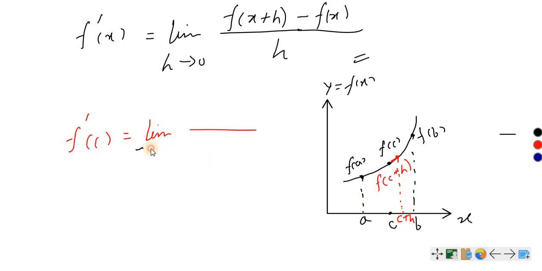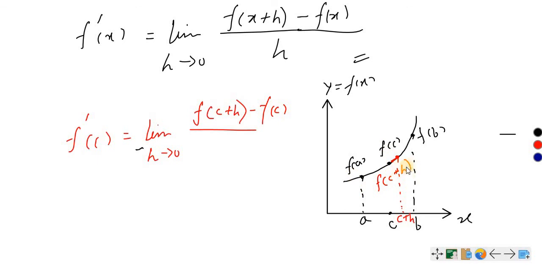So limit h approaching 0, and instead of x I will write f of c plus h minus f of c. Can you imagine the difference between f of c and f of c plus h?